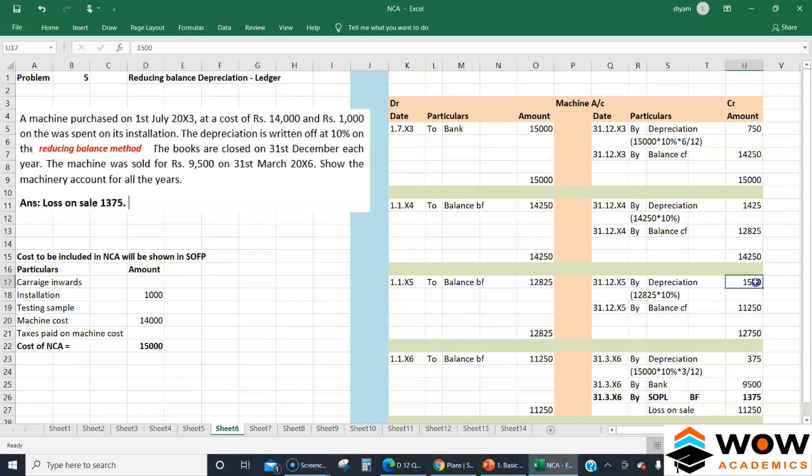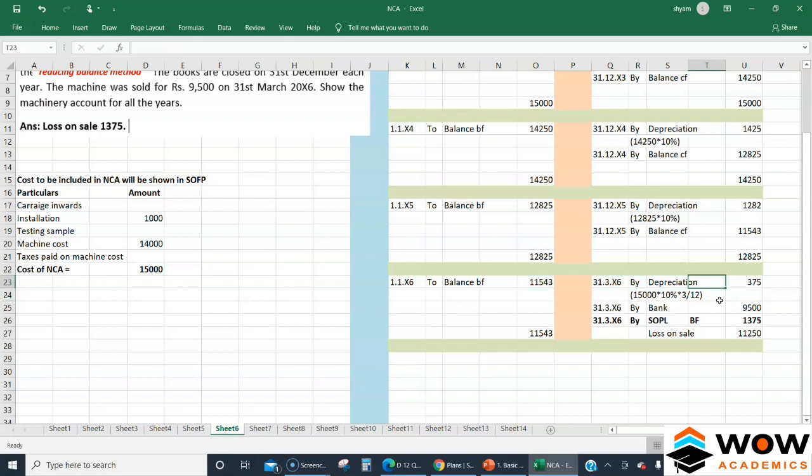If you provide depreciation on this, it comes to 1282. We'll just ignore the decimal because we don't want that kind of accuracy. So our closing value would be different. It would be this value minus this value, so it comes to 11,543. That is the value here, 11,543.